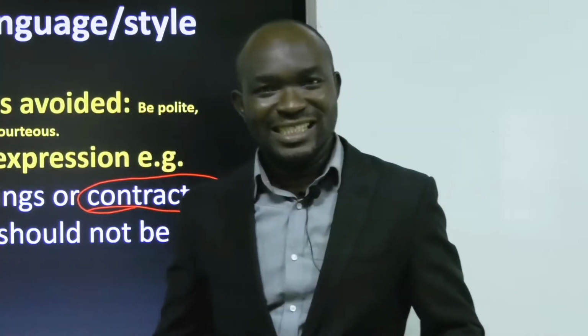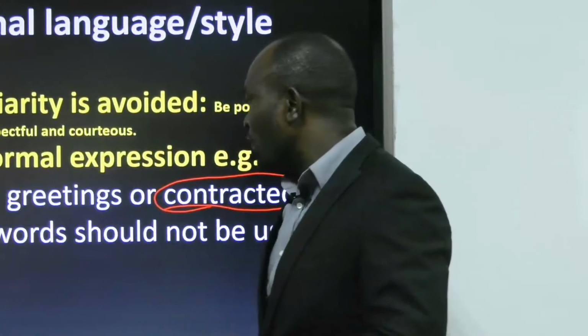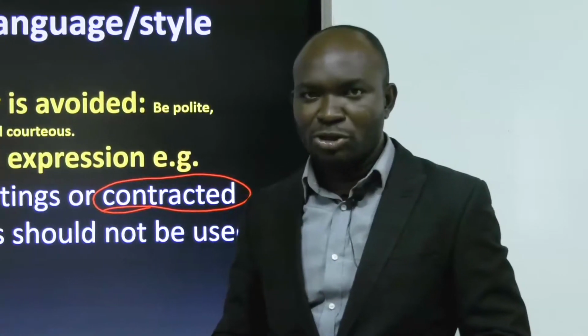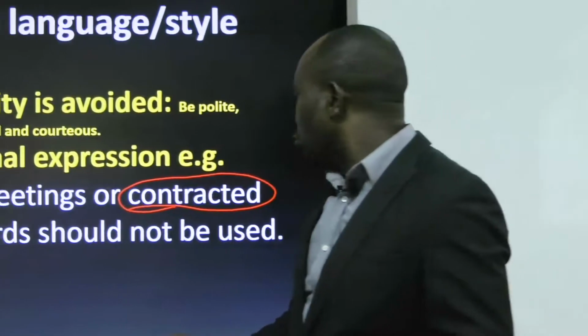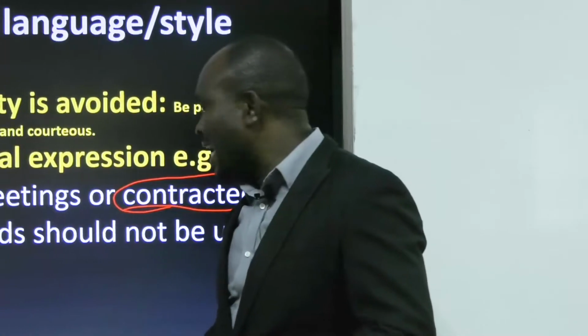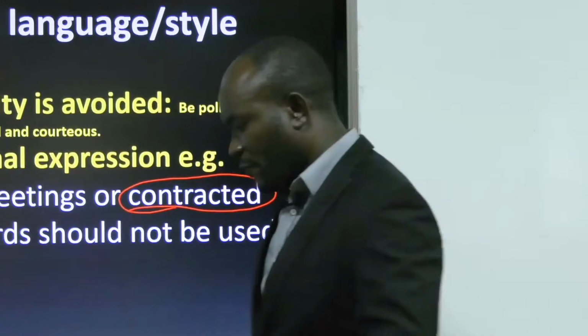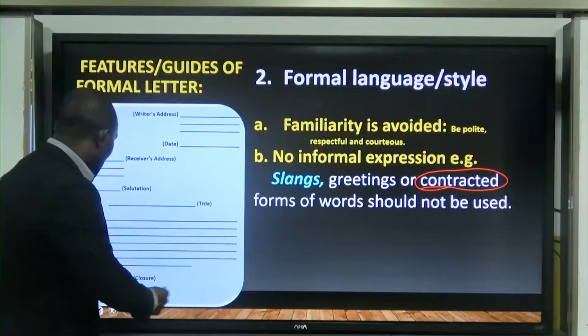You don't say can't. You don't say wouldn't. You don't say shan't. Okay? You make use of the full forms of words. Formal setting. You don't say you know. So you try to avoid slangs. You try to avoid contracted forms of words in writing your formal letter.